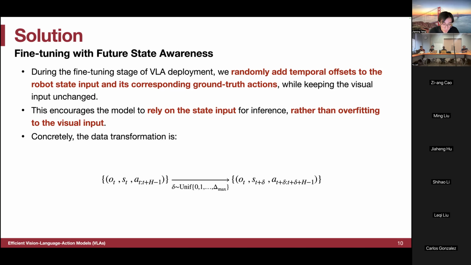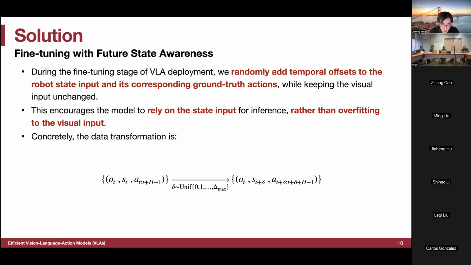Specifically, the data transformation is like this formula. Originally, at the time step t, we have an environment observation O_t and the robot states S_t, and we want to predict the actions from time step t to t plus H minus 1.